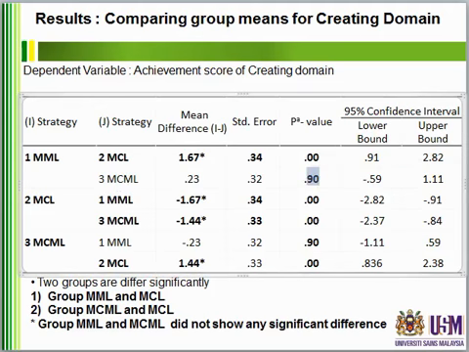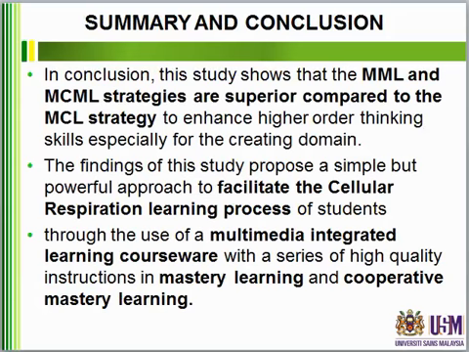Okay. So, in summary and conclusion, the study shows that the MML and MCML strategies are a little bit more superior compared to the MCL strategy, meaning that without the mastery, it is not as superior to enhance higher order thinking skills, especially for the creating domain. Right? So emphasizing the creating domain.